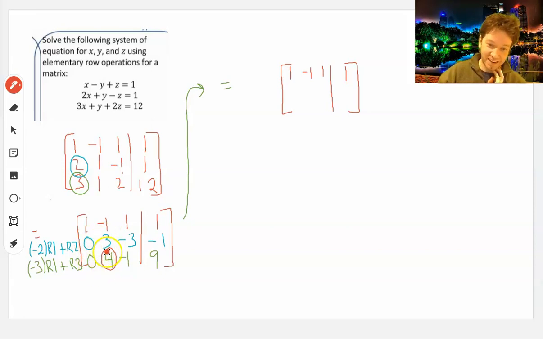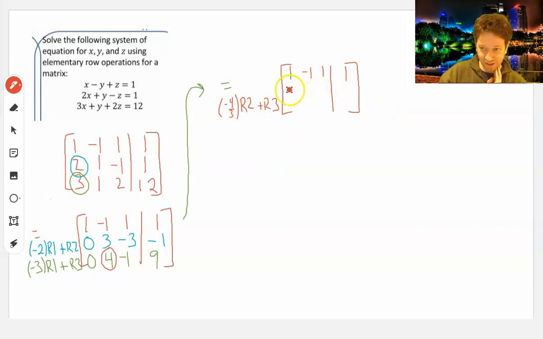So what I would have to do is, I can't avoid it, there's going to be a fraction here. Okay? If I multiply row 2 by -4/3, then add row 3, then it will work. So -4/3 times row 2 plus row 3. Okay, and that's going to replace the third row.